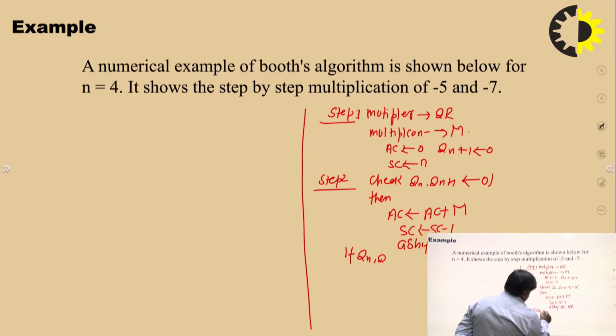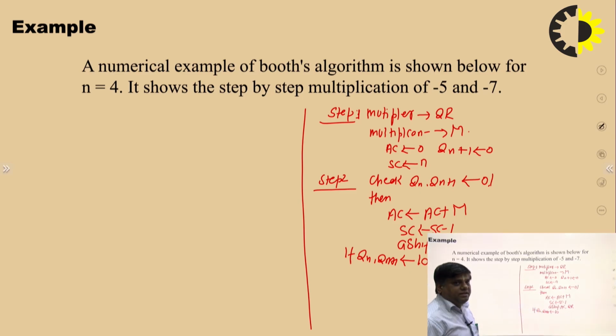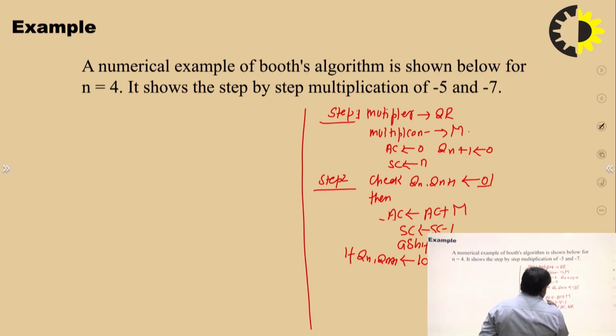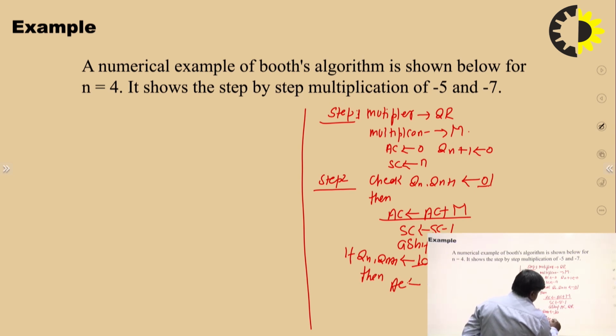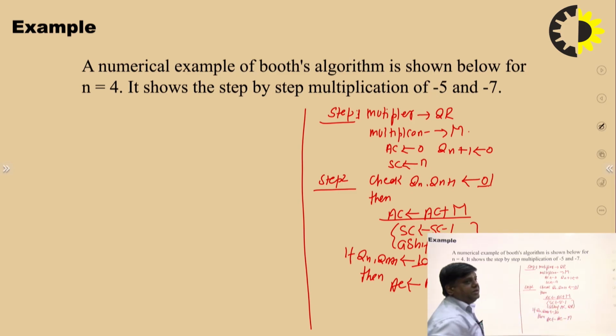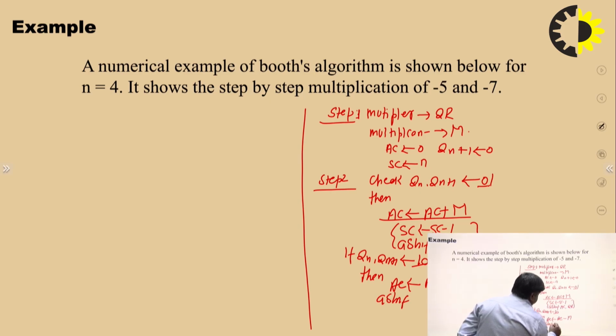Now, if Qn and Qn plus 1 is 0, 1, we perform the plus operation. If it is 1, 0, then AC minus M, and these two processes repeat in this state. Then arithmetic shift AC and QR and SC is equal to SC minus 1.